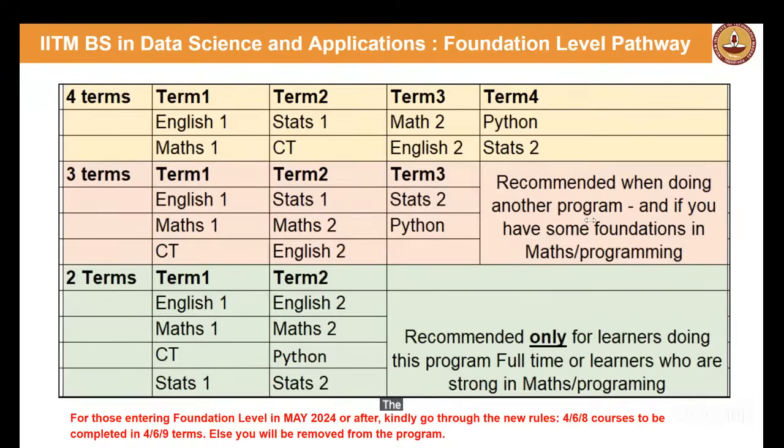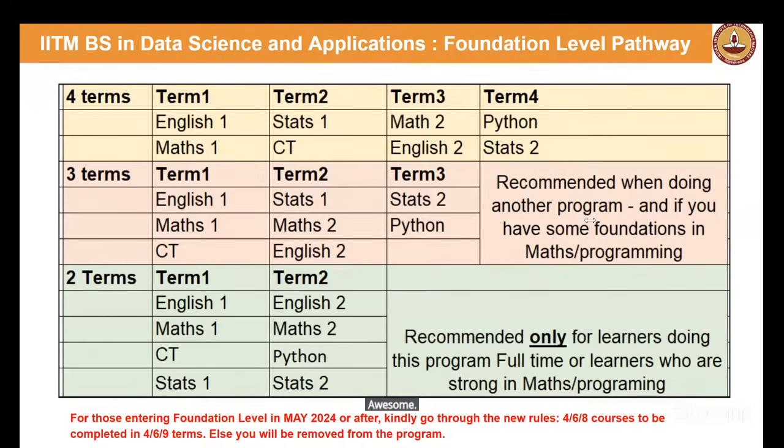Oh, okay. Then you can try it in the next window too. When will it open, ma'am? I'm not aware of the dates. I didn't check the schedule. Ma'am, I got an internship offer, and they said it is mandatory to complete the foundation. No, no, not a matter.